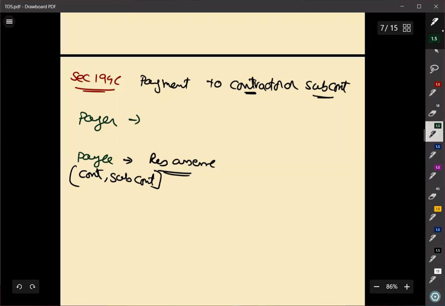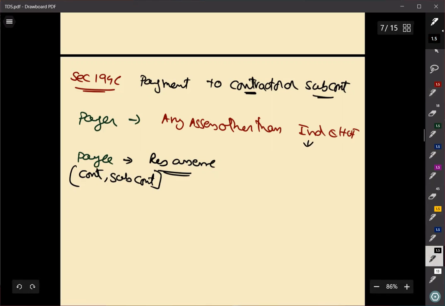Then who is paying? Let us see. The payer can be any SSC other than individual and HUF. Same as 194A, other than individual HUF. But if this individual and HUF are covered under tax audit, not other than individual HUF not covered under tax audit. If the individual HUF are covered in a tax audit, then if he makes a payment, then 194C is also going to be applicable.